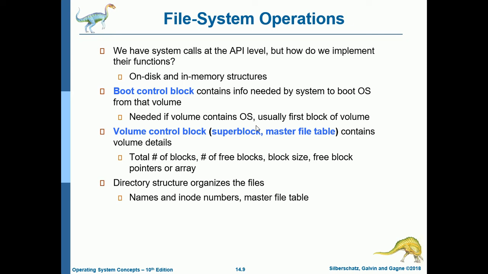This contains volume details such as total number of blocks, number of free blocks, block size, and free block pointers or array. And then we have the directory structure, which organizes the files. As you can see from the previous chapter, a directory contains folders, and of course there are files inside, with names and inode numbers, and then the master file table.